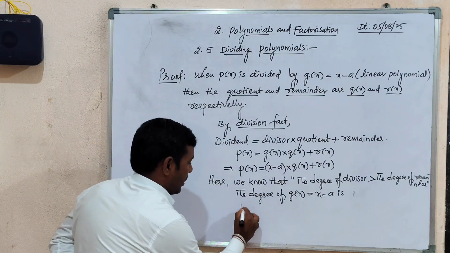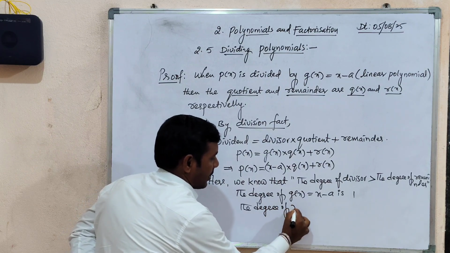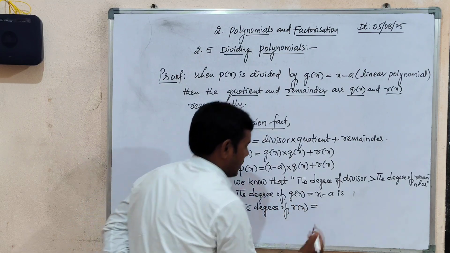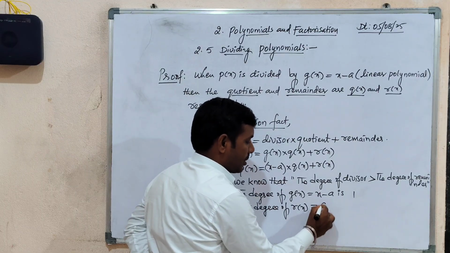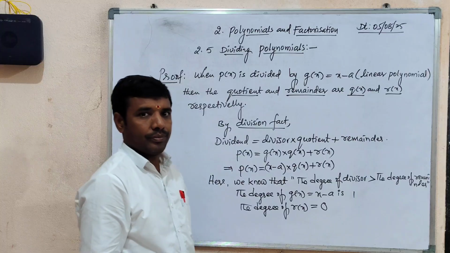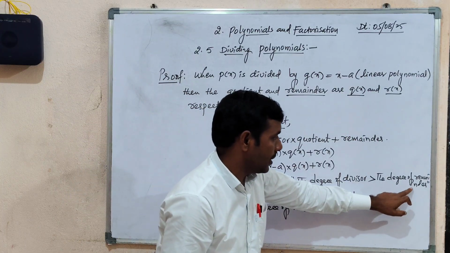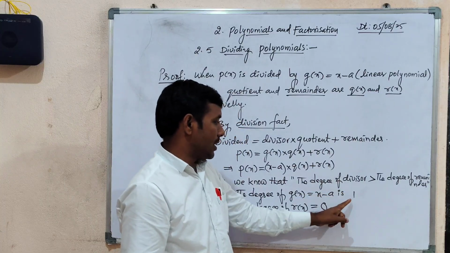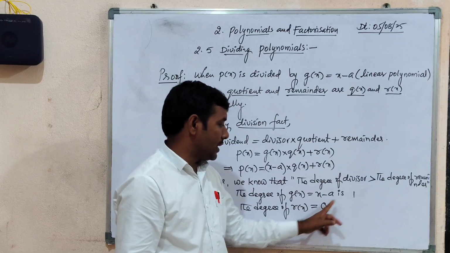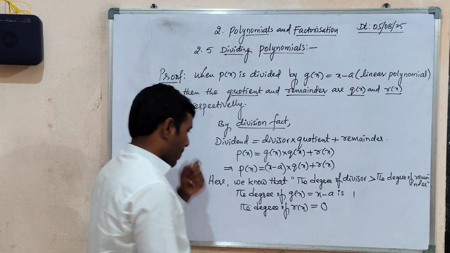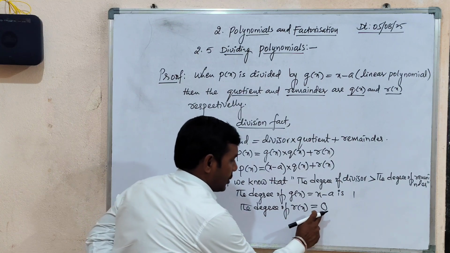The degree of the remainder, that is r of x, is less than 1, which means automatically 0. So definitely the degree of the remainder is 0.